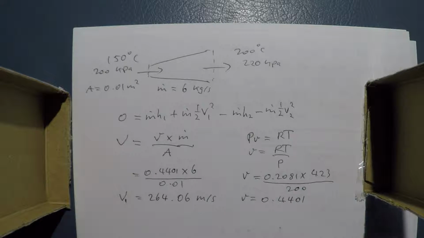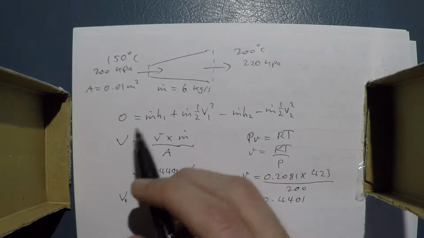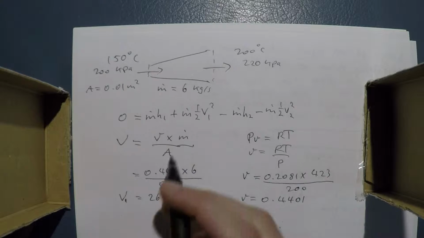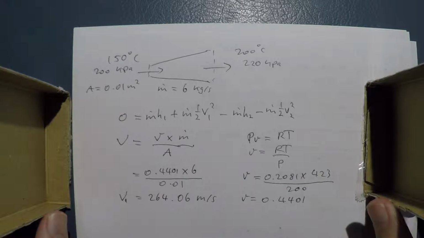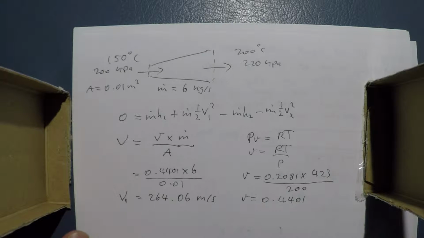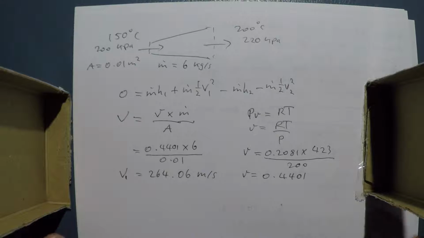Now, we have V1. We have to arrange the H's in a form where we can use our Cp delta T equals delta H equation.